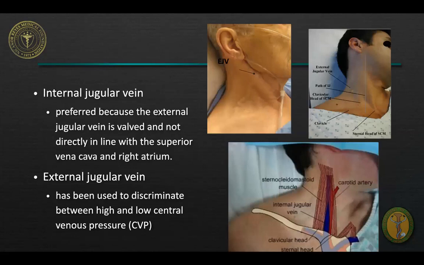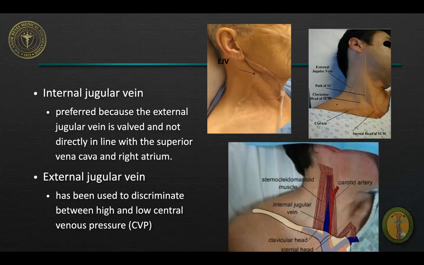We have to identify first where our external jugular vein is and where our internal jugular vein is. So in the photos, you will see the location of the IJ vein and the location of the external jugular vein based on the sternocleidomastoid muscle.